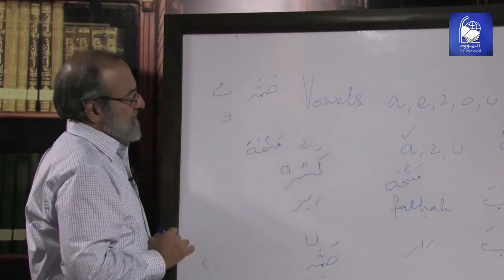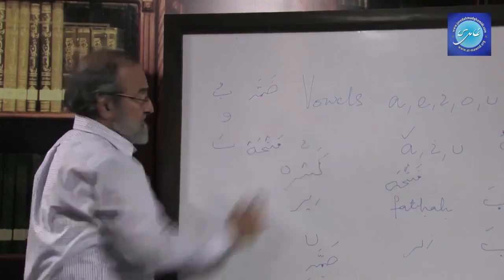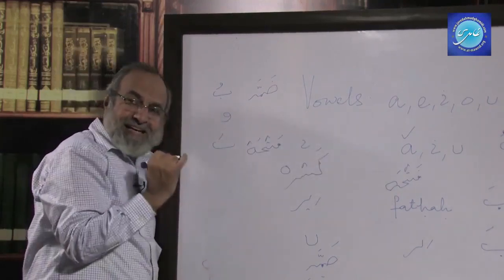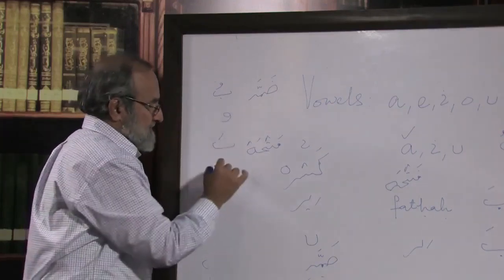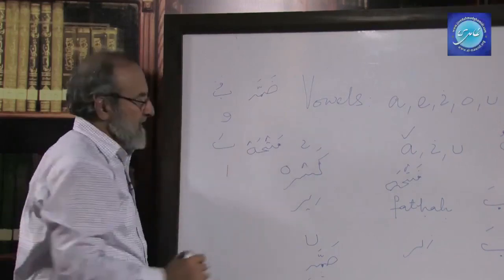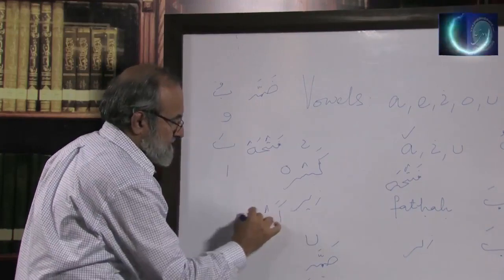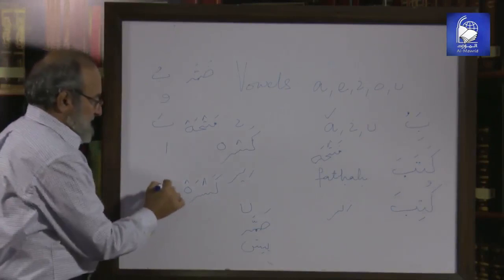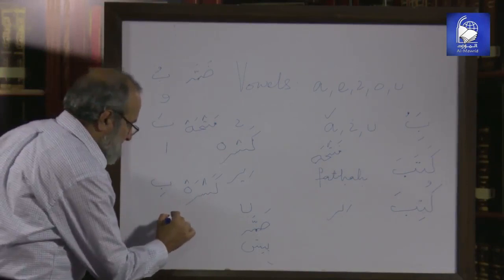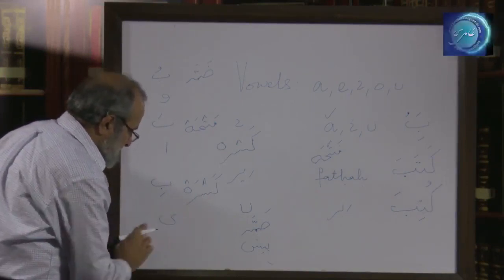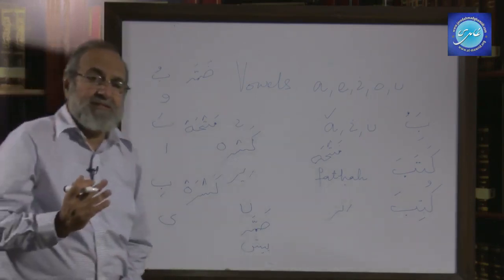The equivalent Arabic alphabet for fatha is alif. And then the third one is kasra, which is written like this, and the equivalent letter is ya, which has close affinity with kasra.